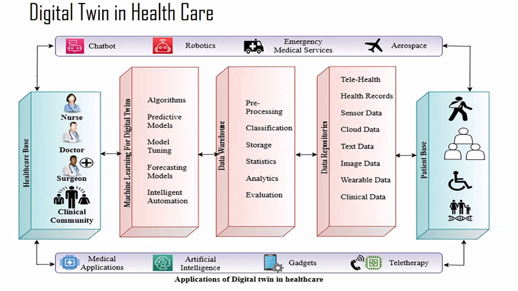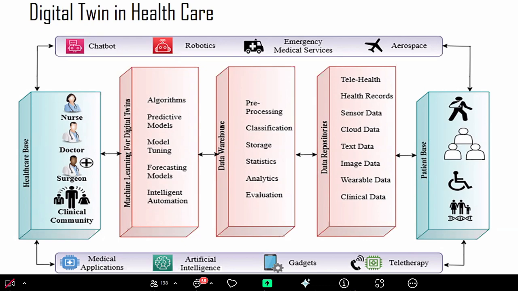That's great. If you look at this diagram, as I was telling, what are the different components we have in this digital twin technology? As I told, there is the healthcare base and the patient base. These are the primary actors, and they will take place in this digital twin.